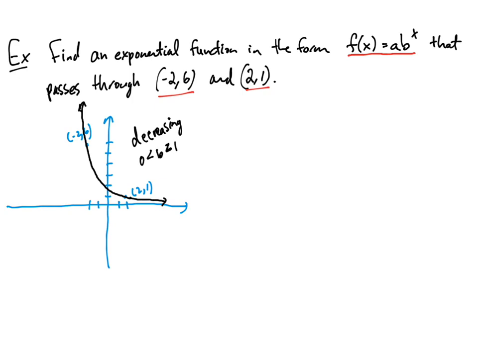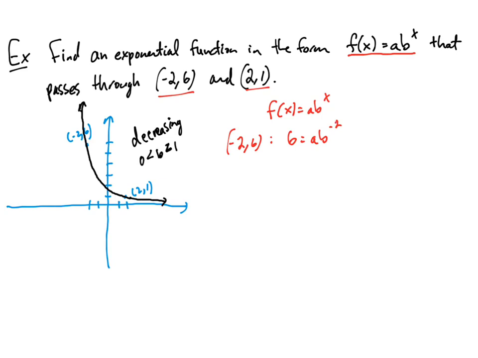That tells us that the b value is between 0 and 1. So we take the form f of x equals a times b to the x, and let's plug in both sets of ordered pairs separately. First, when I plug in negative 2, 6, I get 6 is equal to a times b to the negative 2.